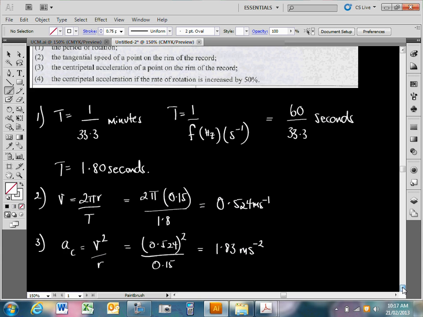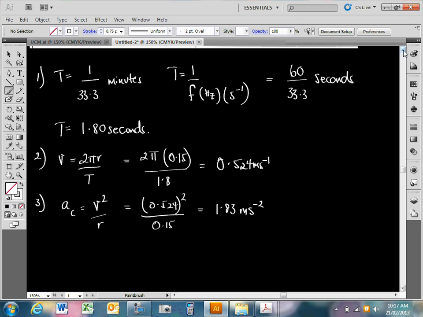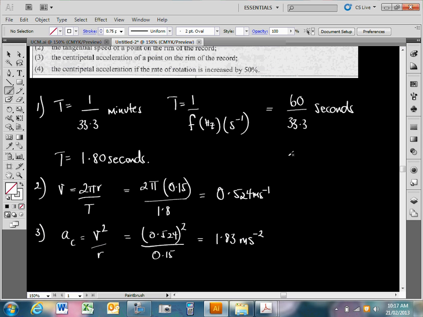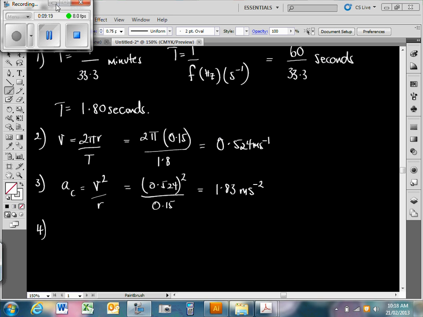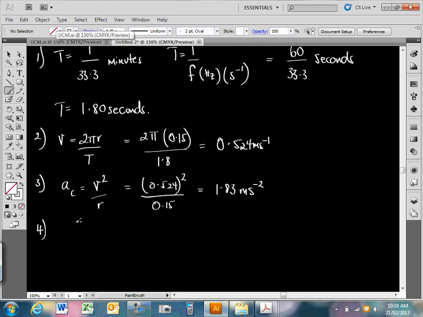Have a go at this one. It says, what happens to the centripetal acceleration if the rate of rotation is increased by 50%? The new V equals 1.5 times V. But does that mean I just multiply the centripetal acceleration by 1.5?